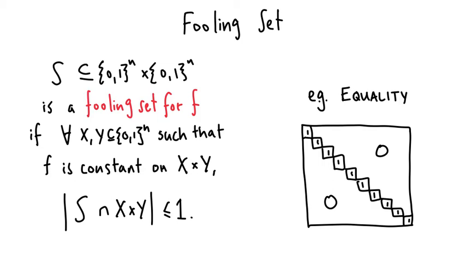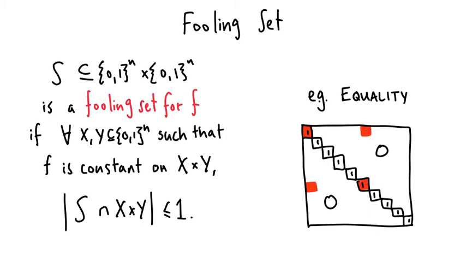And so why is this useful? Imagine red corresponds to the transcript Alice and Bob have, the output of the protocol, and suppose it occurs somewhere else. Because if the transcript is the same the function obviously needs to be the same, so this needs to happen on the diagonal.